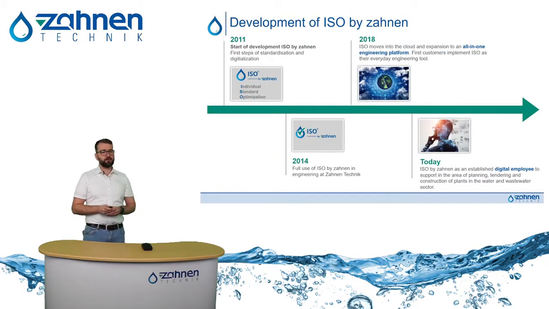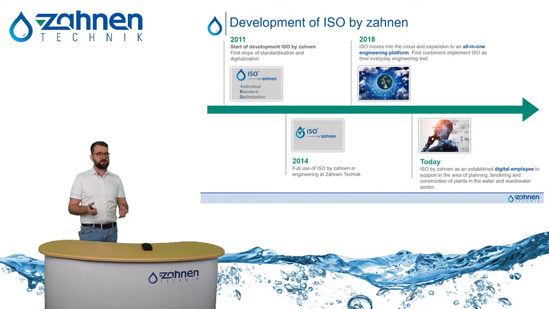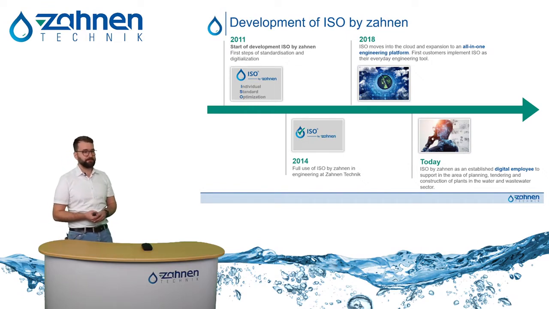So to give you a short overview to Eso by Zahnen, let's look at the timeline. In 2011, we started with the development of Eso by Zahnen. Basically, those were the first steps of standardization and digitization of our engineering process.